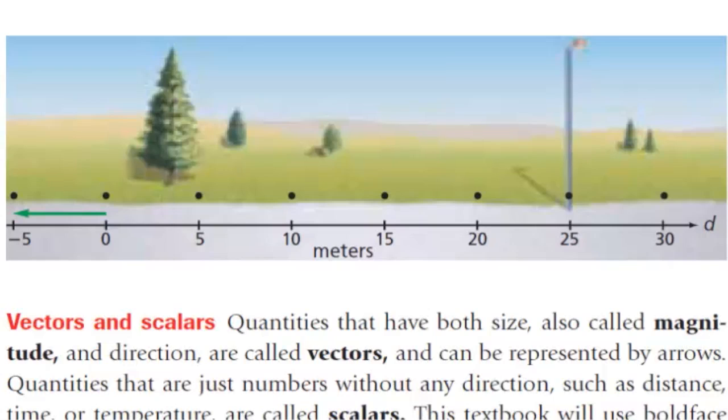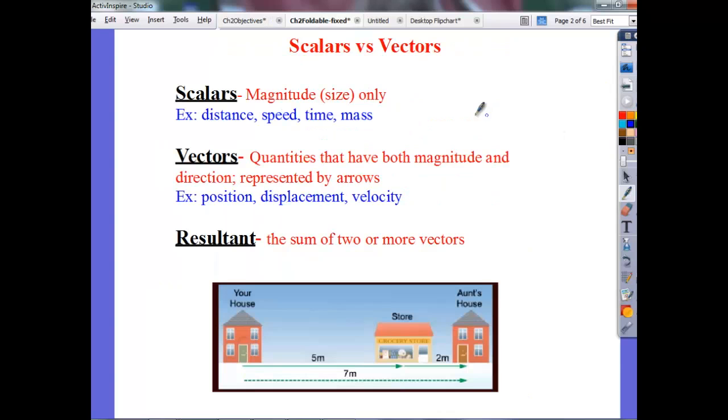So in physics, the sign of our numbers is extremely important because it indicates direction. And direction changes the fundamentals of how we add, subtract, and work with these numbers. In our mathematics class, numbers are typically scalar, S-C-A-L-A-R, and a scalar number refers to magnitude only.